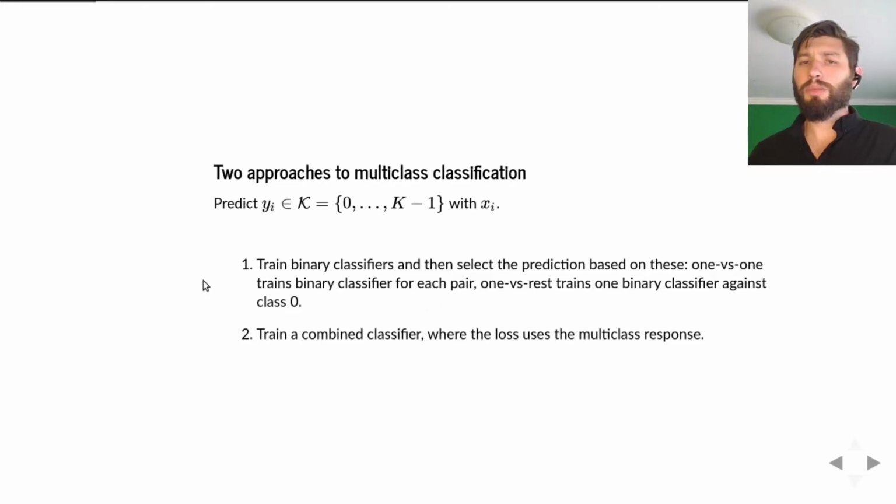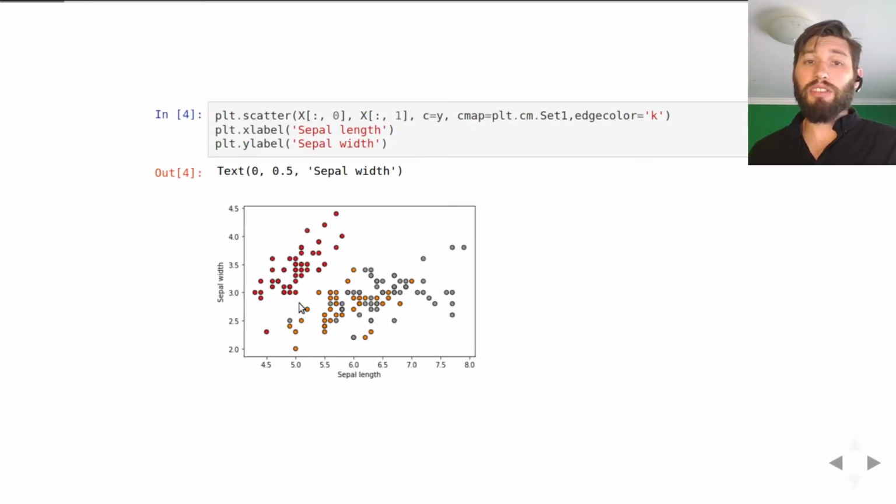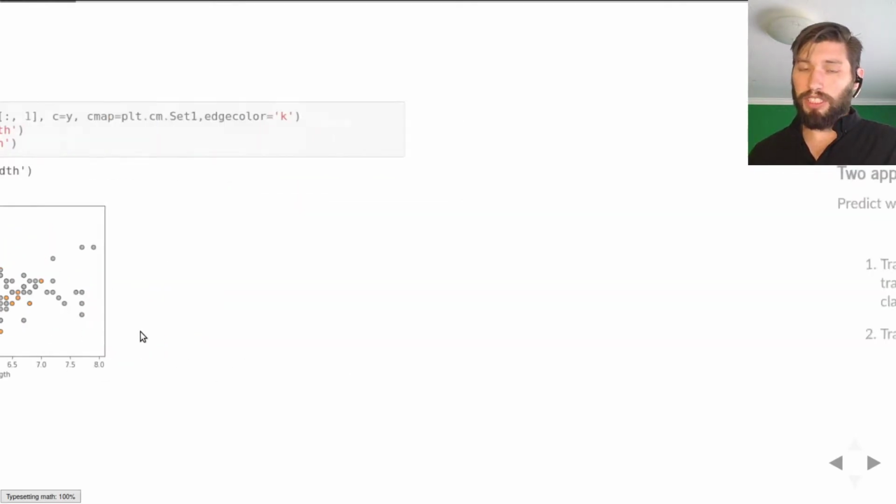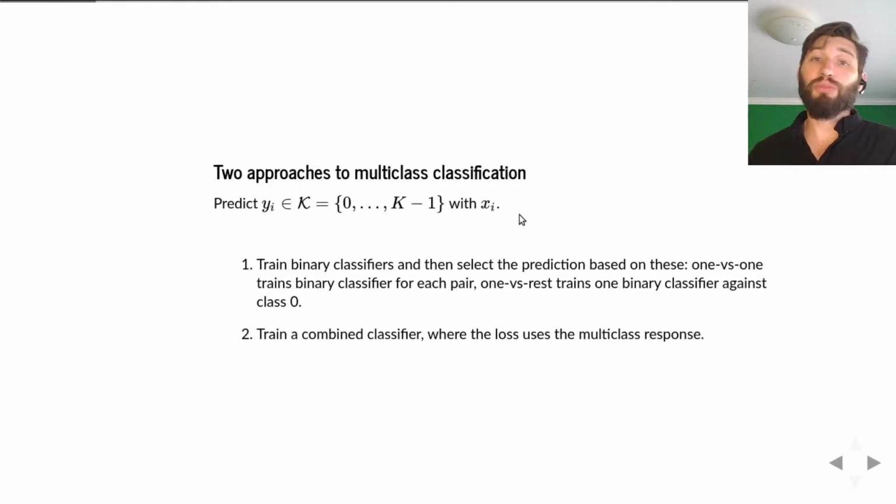Okay, so there are 2 main approaches to multi-class classification. First of all, what is multi-class classification? Actually there's a subtlety here. We're going to predict yi, which lies within some set of classes, right? And these classes are mutually exclusive. So in the case of the iris dataset, these flowers can only be one of these species. It can't be multiple species. And that's the feature that defines multi-class classification: the output is a categorical variable, and that's our yi's.